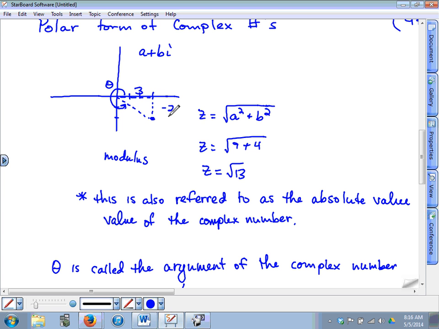Shoot. It's still called the modulus. But they do actually call it r. Change all of these to r, r, r. R is the distance. R is equal to the absolute value of z. That's the distance. Make that correction.